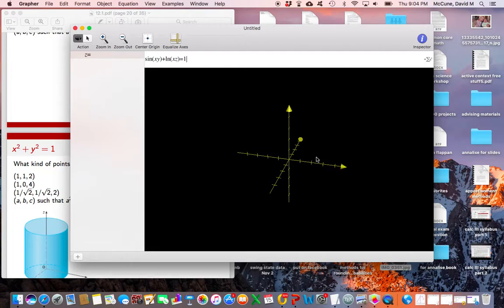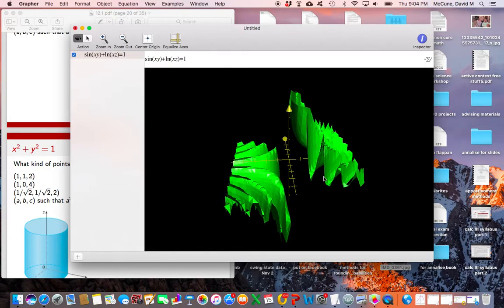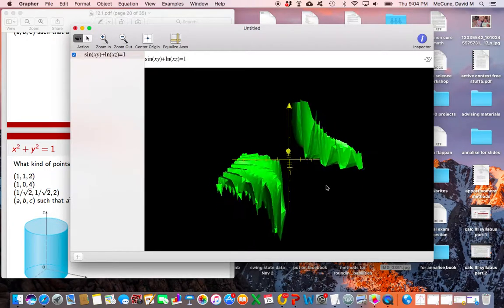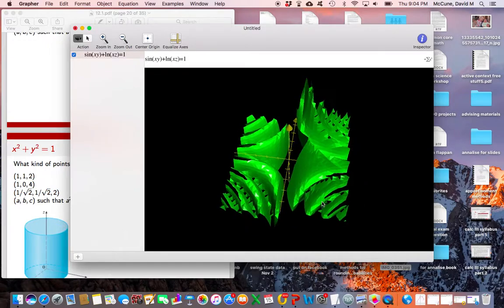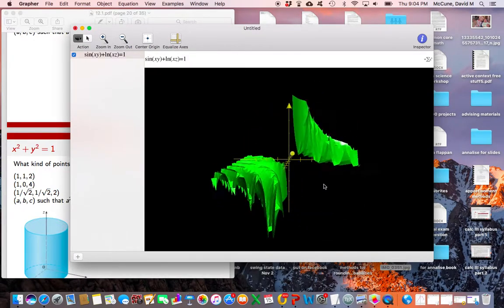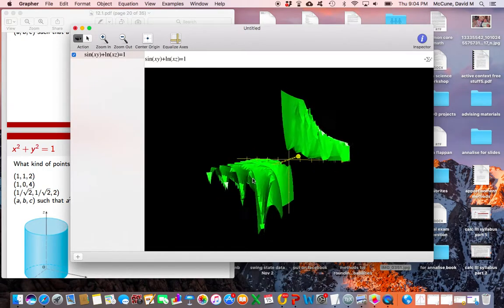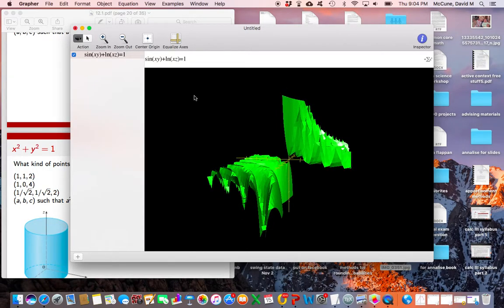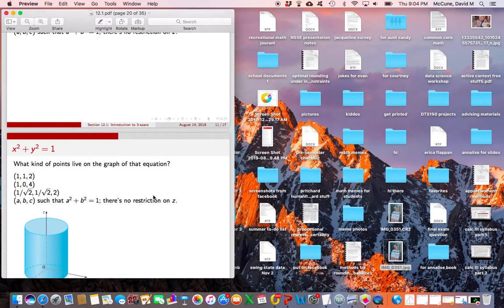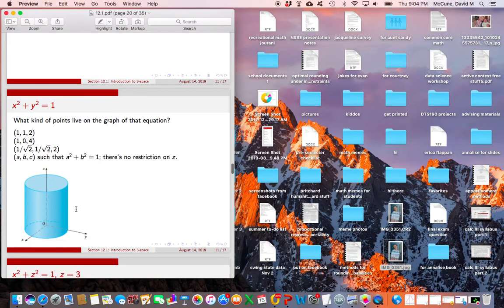Right, that's kind of a wacky equation, but it's an equation involving x, y, and z. Let's hit enter here and see. Okay, that's the surface you get. Okay? It's crazy. But again, the way that these points, these green things here at the surface, the way you get to be on that surface is sine of your x times y coordinates plus log of your x times z coordinate is 1. You know? Okay. So you get this cylinder here.